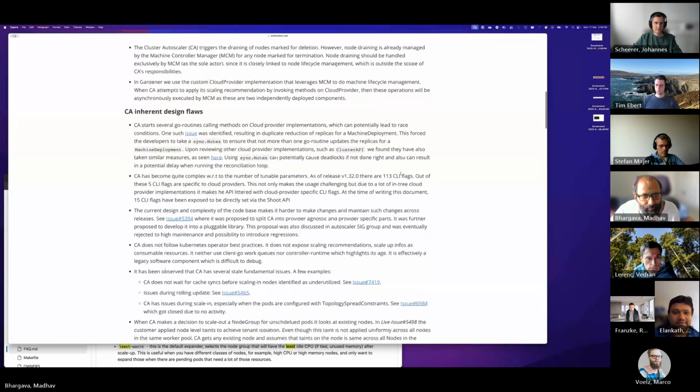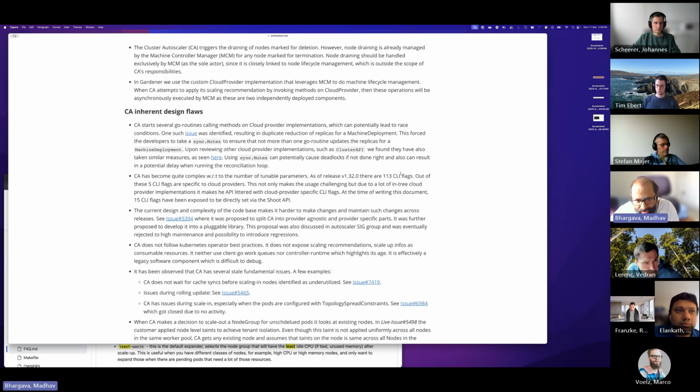One such issue we noticed arises because of the asynchronous nature of the communication between MCM and CA. CA can make a request to reduce replicas on the machine deployment, and then MCM takes over the responsibility of processing that request, maybe scaling in a specific worker machine deployment. While this is happening, since it's asynchronous, CA starts another loop of reconciliation.